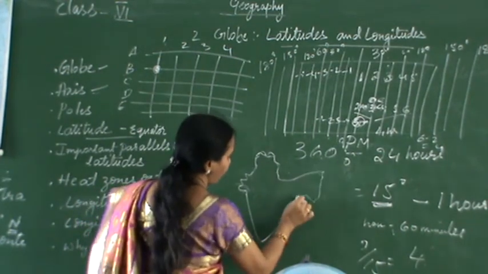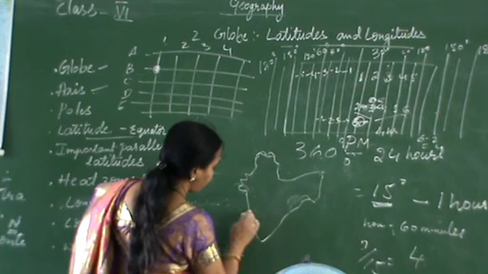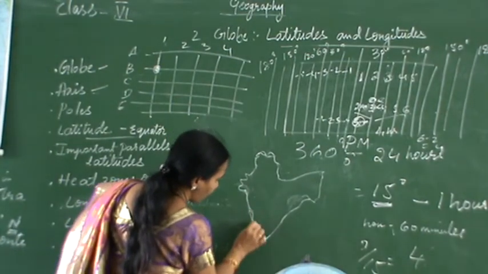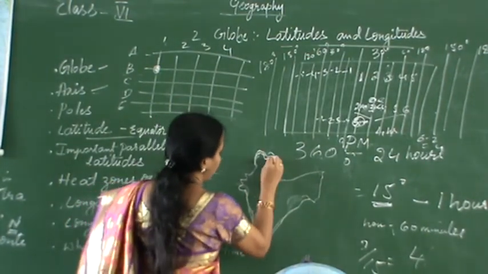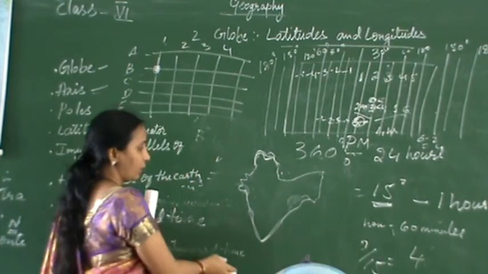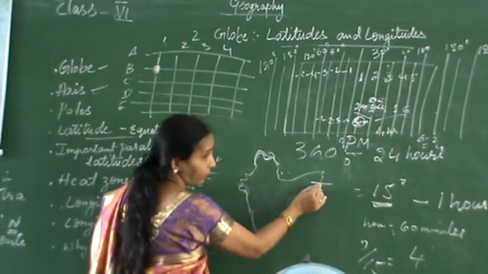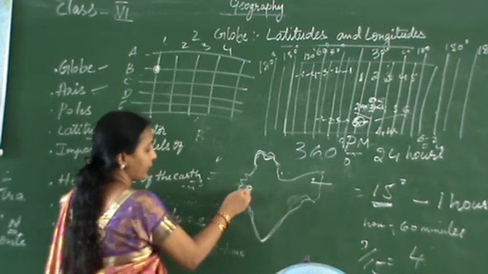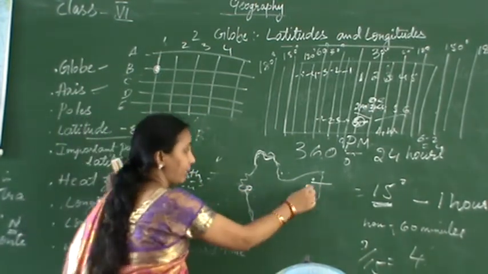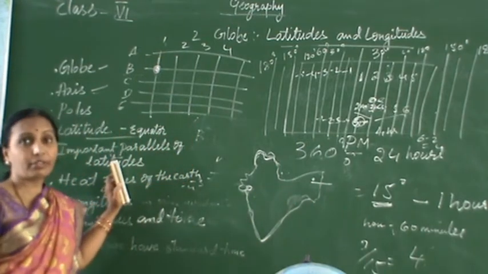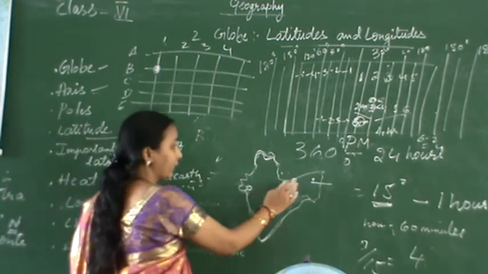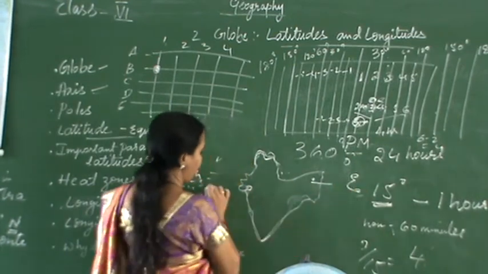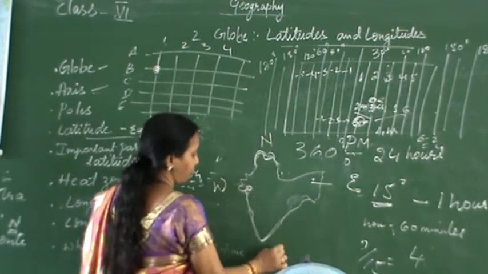This is a rough drawing. Suppose your friend is staying somewhere here in Assam and you are staying here in Gujarat.